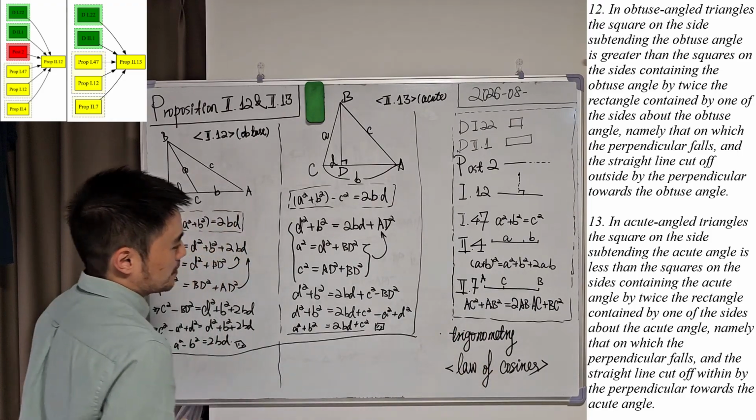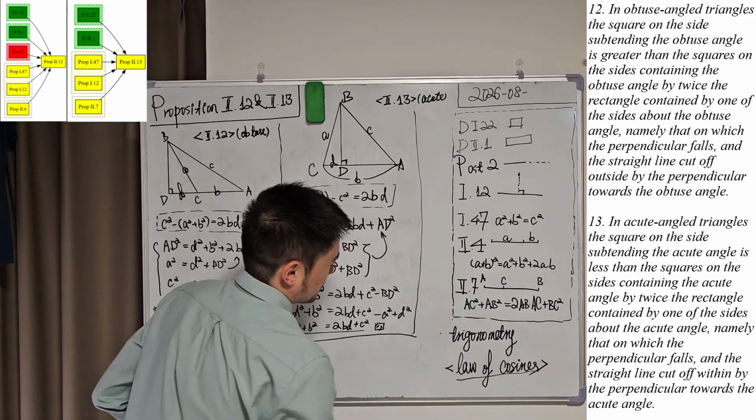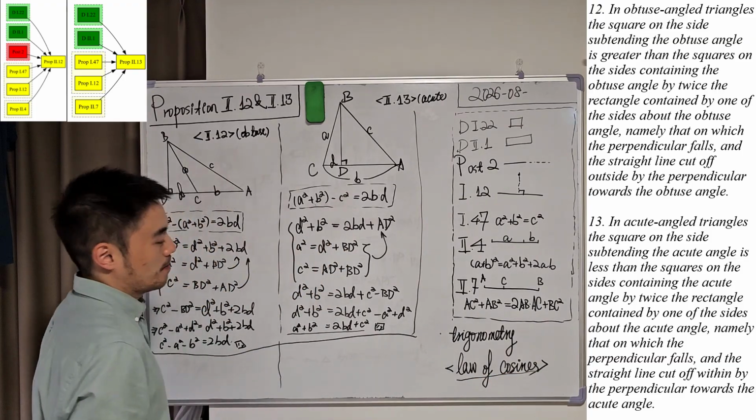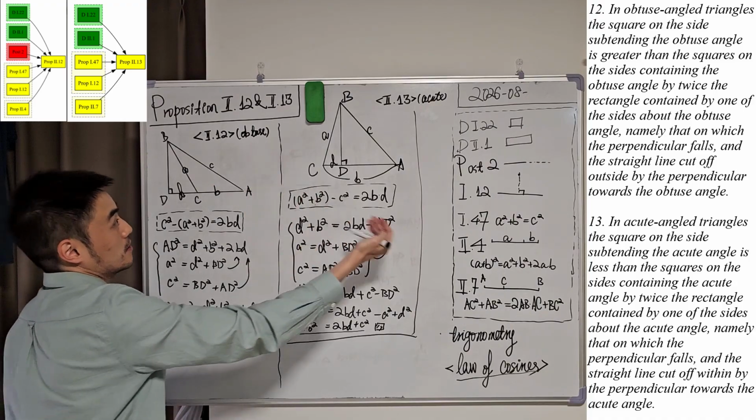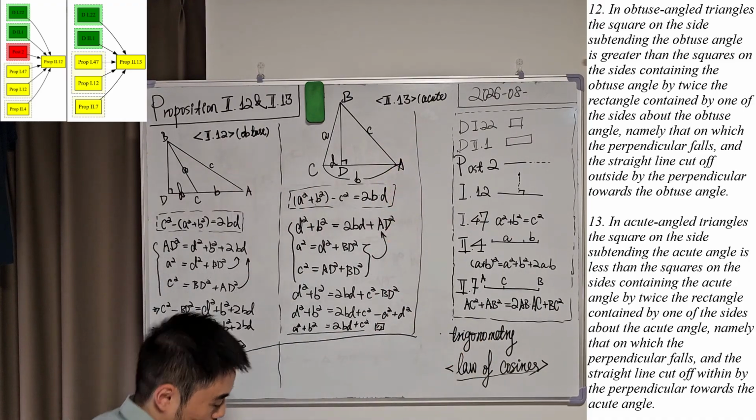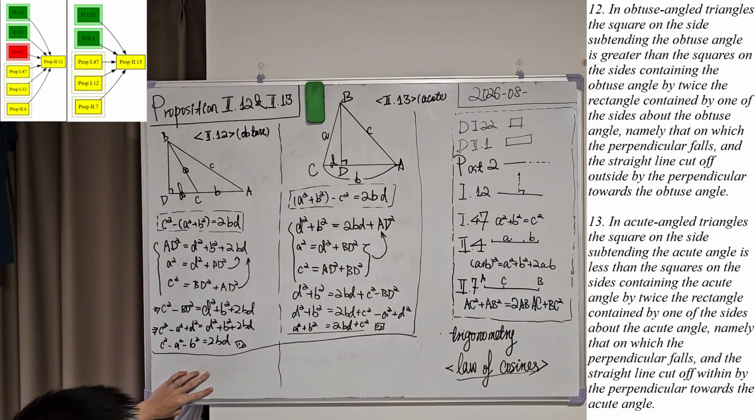Okay, but if we think about the law of cosines, it declares that, remember, in any kind of triangle, no matter if it is obtuse, acute, or right, we always have this equality.